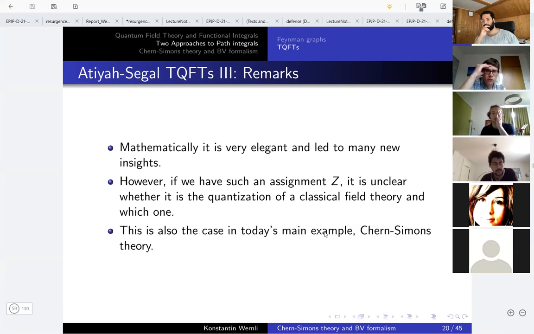And in today's main example, Chern-Simons theory, which has already been introduced before, that's the case. We've heard in the talk before about Reshetikhin-Turaev field theory. So it's supposed to be the field theory that gives you essentially the path integral for Chern-Simons theory. But how do you know it's really the path integral for Chern-Simons theory? So there is some roundabout way, right?